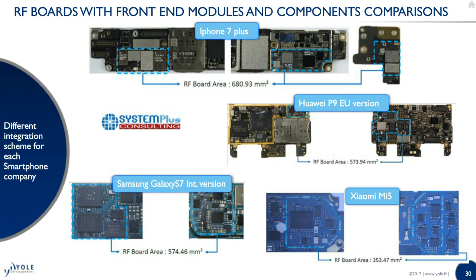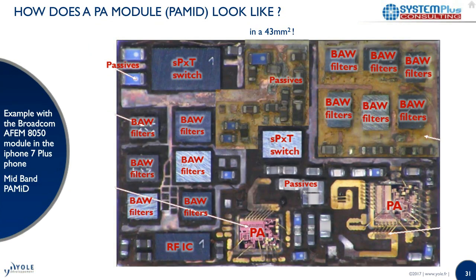So if you would open one of these power amplifier modules in duplexes, here we've opened one power amplifier module from Broadcom, the AFM8050, which you can find in the iPhone 7 Plus. It's a mid-band power amplifier module in duplexes. Wow, how complex this is. This is a system in package, 43 square millimeters.